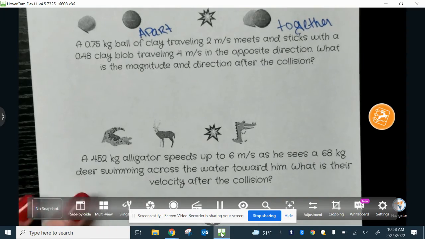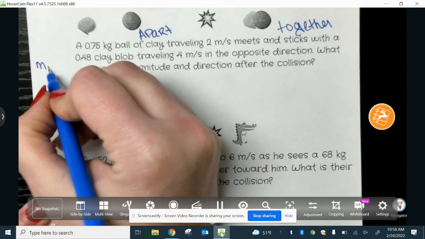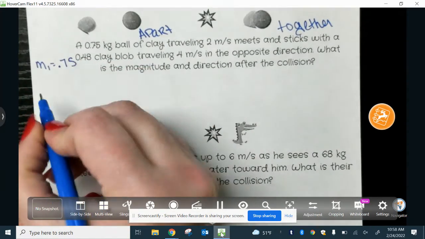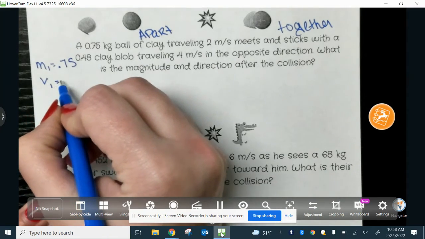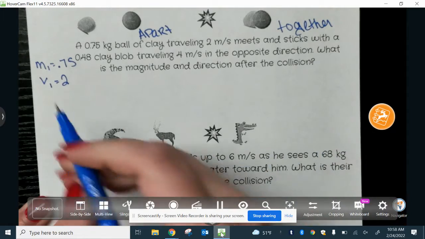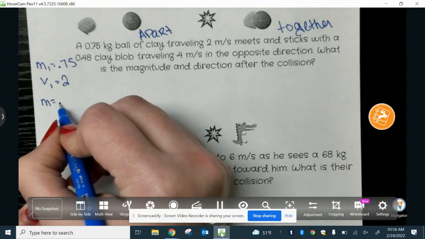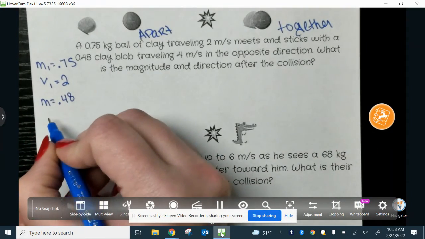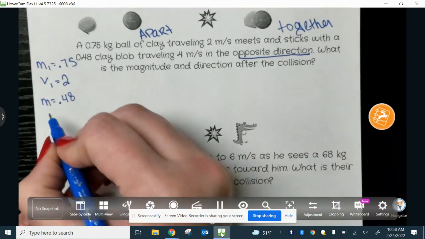So the mass of 1 is 0.75, and it's traveling at 2. Meets and sticks with a 0.48 clay blob traveling at 4 in the opposite direction.